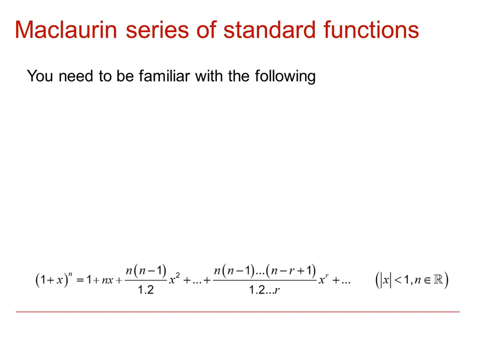That one you may already have met in another context. 1 plus nx plus n times n minus 1 over 2 factorial, so you see the factorial coming in, x squared, up to the rth term, which is n, n minus 1, n minus 2, n minus 3, etc. And then you've got r factorial on the bottom line. And that's true for values of x with modulus of x less than 1.